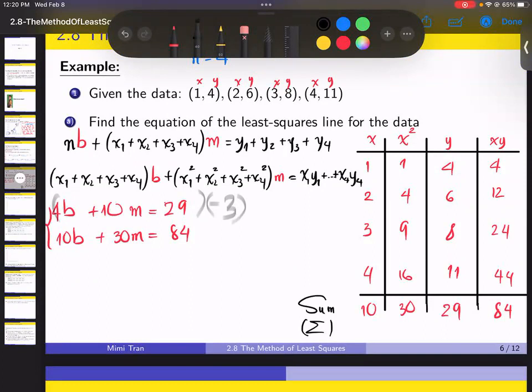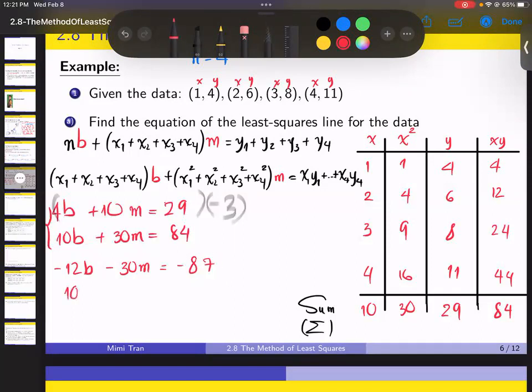I need minus 30 on the top. So this becomes negative 12b minus 30m equal 29 times negative 3, which is negative 87.